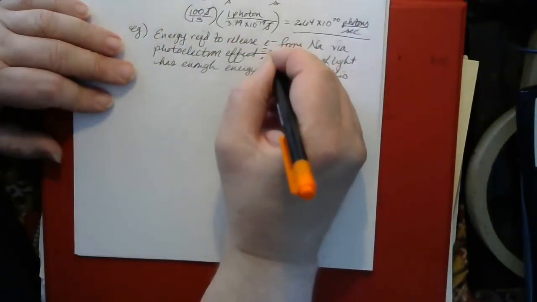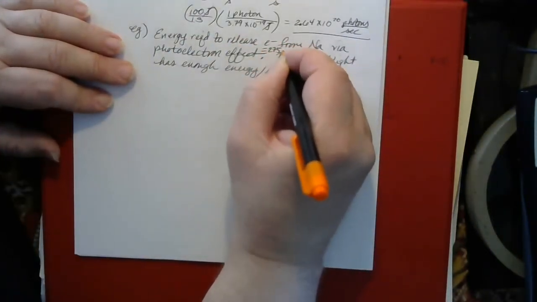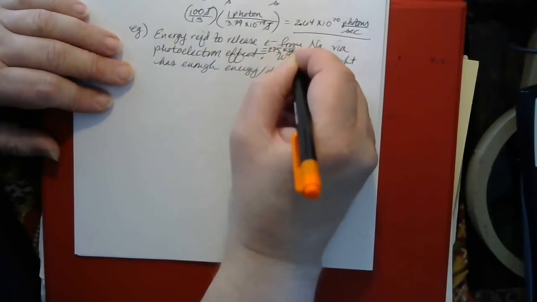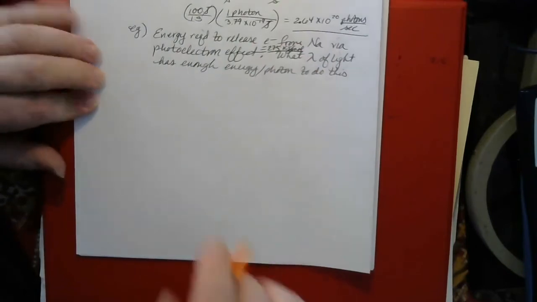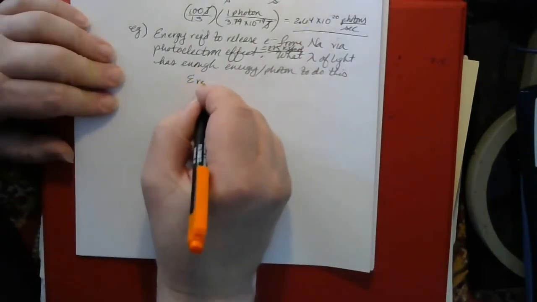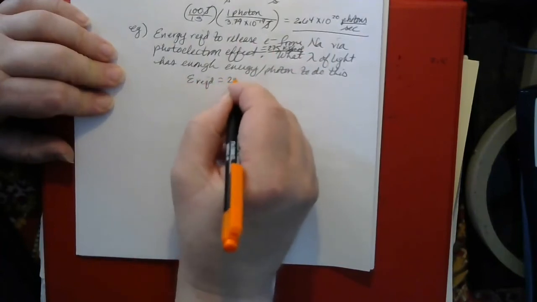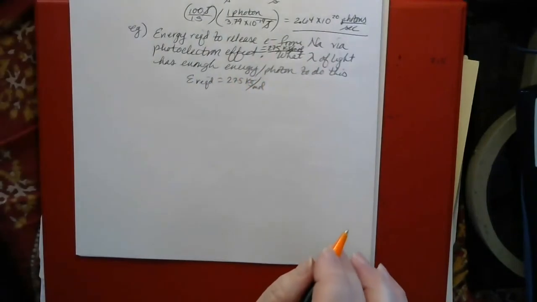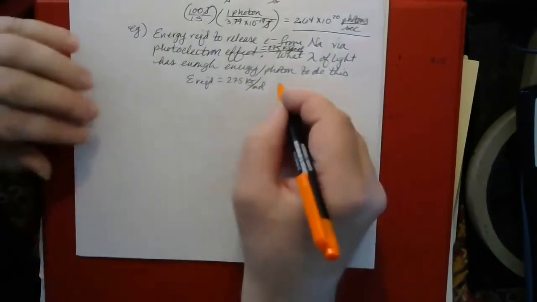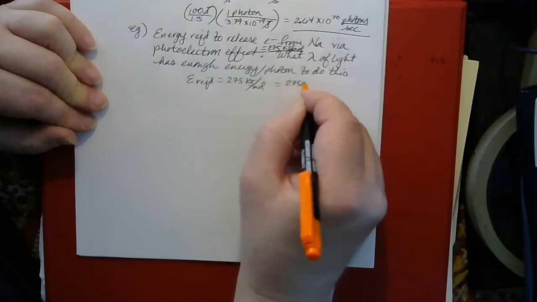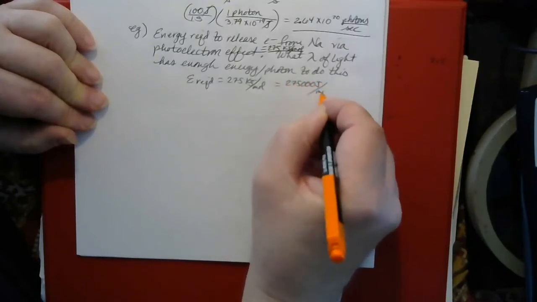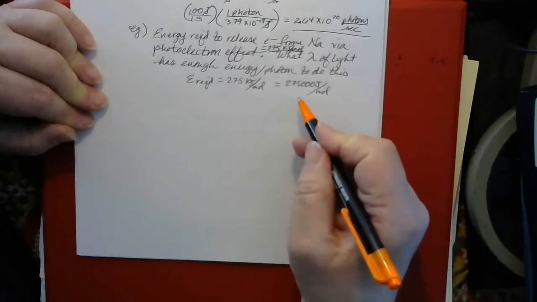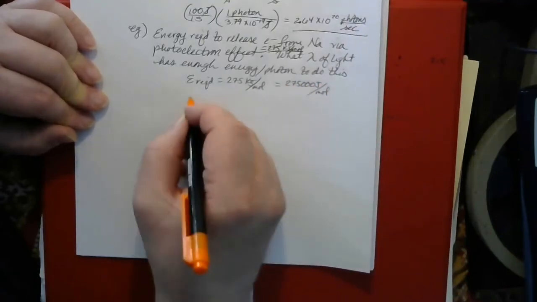Okay, and 275 kilojoules per mole. That part of the question I kind of forgot to write in there. So the energy required is 275 kilojoules per mole. In other words, that's 275,000 joules per mole.